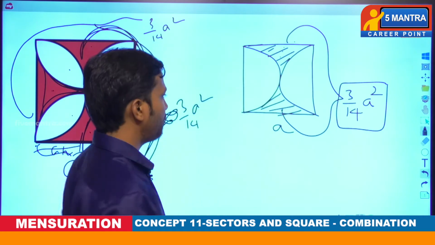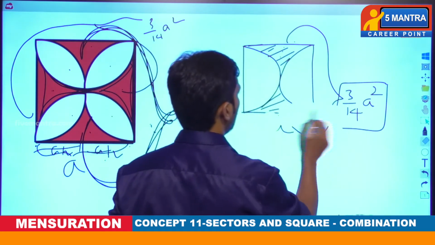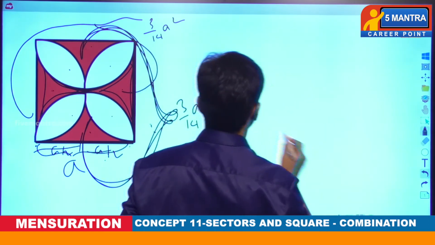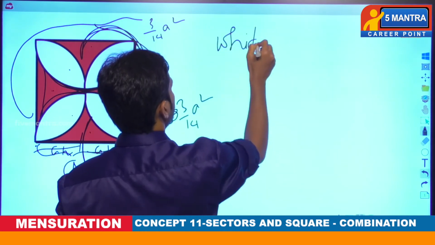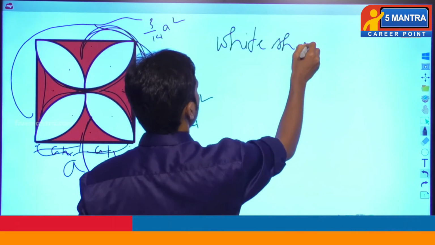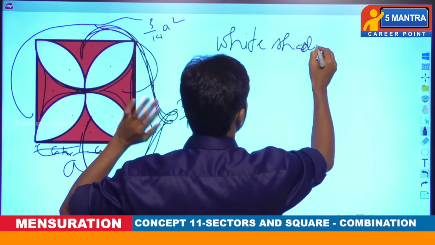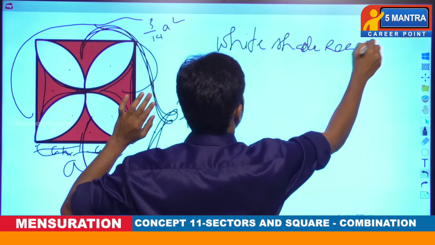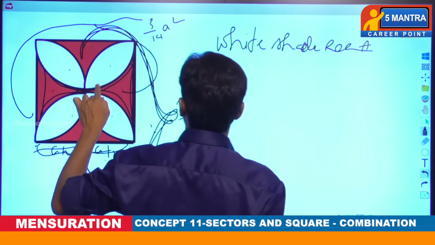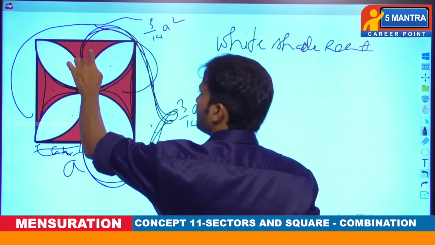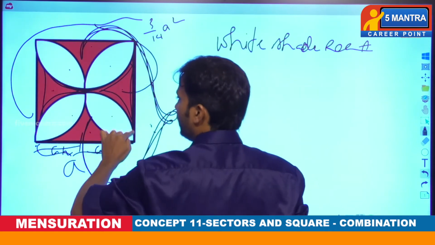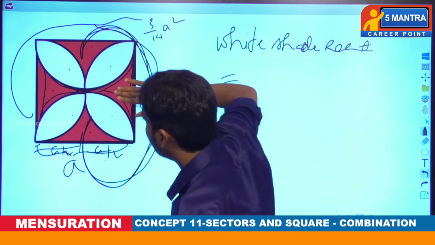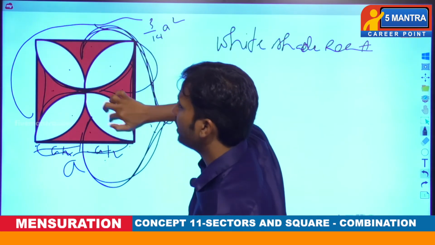Now if you want to find the shaded region, meaning the white shade, the color is not important, in our diagram it is white. The white shade region area equals, if we subtract the entire pink colored portions from the entire square, this white colored region will be left over.